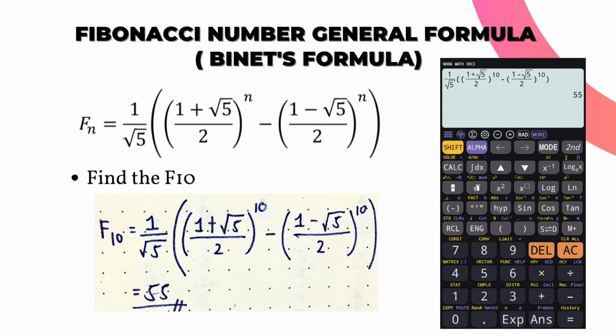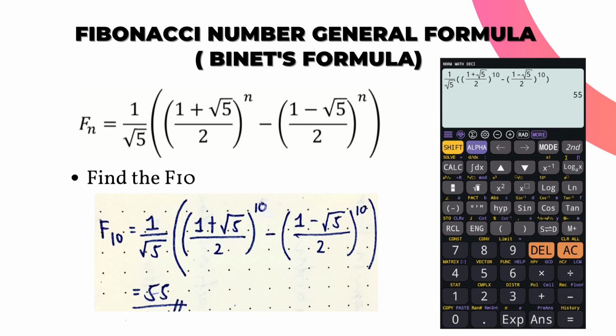Aside dyan, there is a simpler way and that is by using a calculator and a formula to easily obtain the answer without having the table. So that formula is called the Fibonacci number general formula or Binet's formula, which is a formula that incorporated the golden ratio.